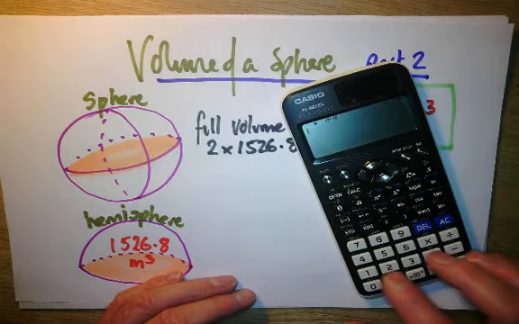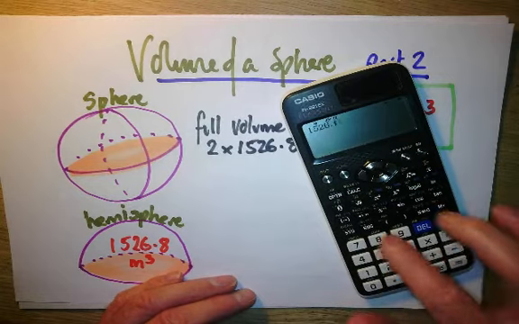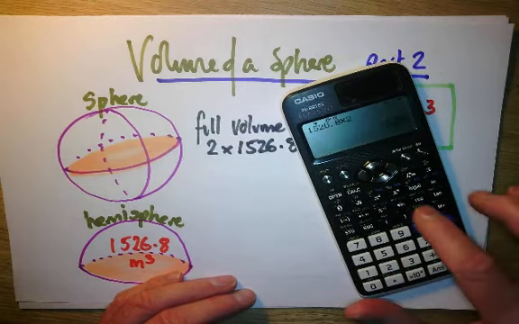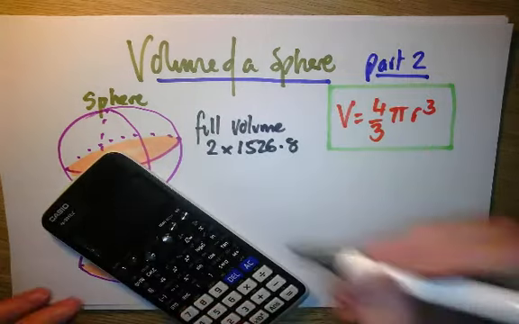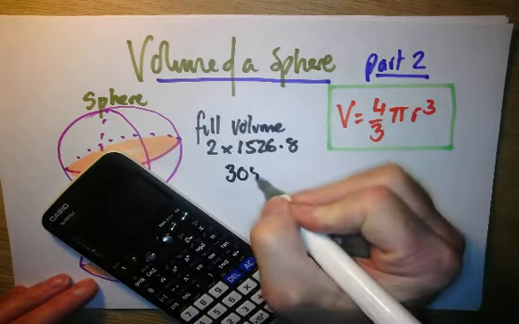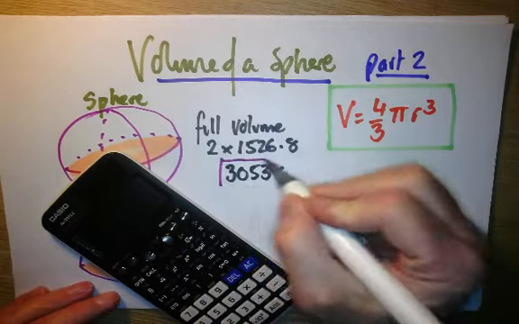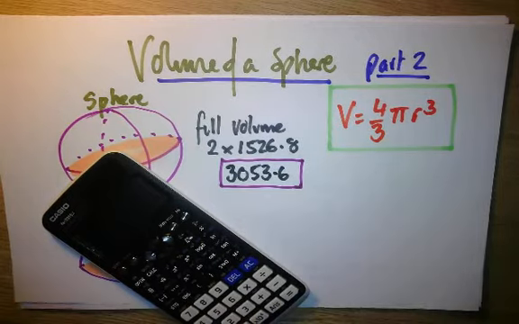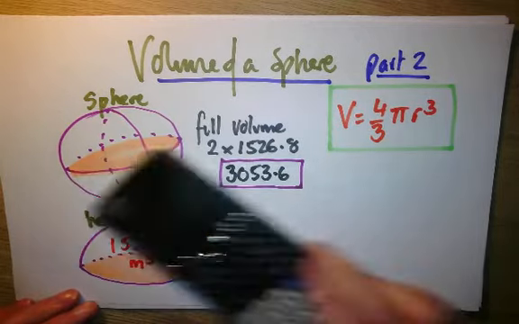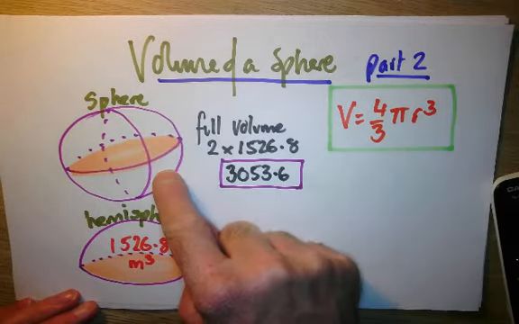So I get my calculator, 1526.8, and double that, and I get the answer 3053.6. Now, it's good practice not to round up until the end. Now, that is the volume of the full sphere.